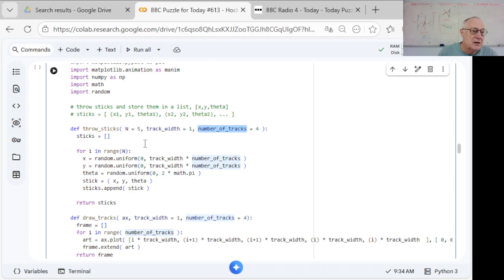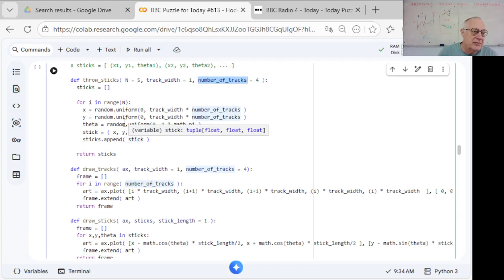So n times, we iterate through n, we generate a random number, track width multiplied by the number of tracks, and y coordinate, and I just make it square, and then theta between 0 and 2 pi, and that's the result of my throw. So I save x, y, and theta, and append it to the sticks.